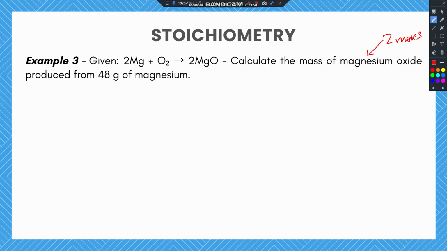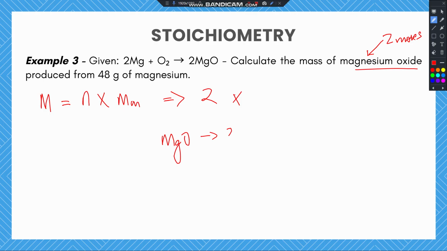So the next thing to do would be to convert the number of moles back into mass. And we know that mass of a substance is equal to the number of moles times the molecular mass. Number of moles for magnesium oxide, we calculated it to be 2. So this becomes 2 times the molecular mass of magnesium oxide. This is 24 plus 16. Now the atomic mass of oxygen is 16. That's why we have 16.